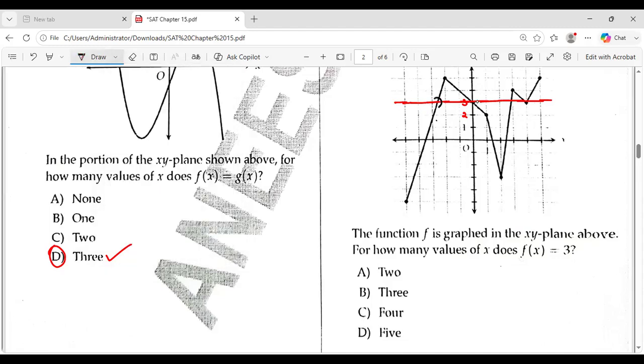This is the first one, then the second, this is the third one, and this is your fourth one. So at 4 specific points, f(x) is equal to 3. There are 4 different values of x at which your answer is going to be equivalent to 3. Alright, the correct answer is 4 in this case.